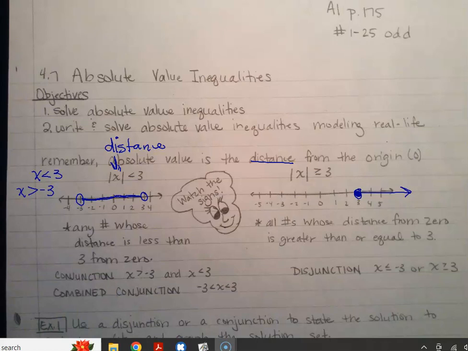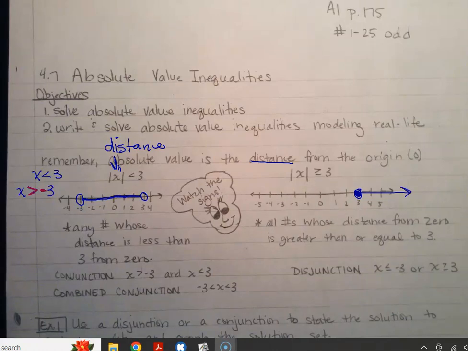And that's what's happening here: when we put the negative into it, we have to flip the sign as well, just like we did before. When we did absolute value equations, it didn't matter because it was an equation. But that same thing applies, which is why I have my watch the signs here, because when we put the negative in there, the sign matters. We have to flip the sign.